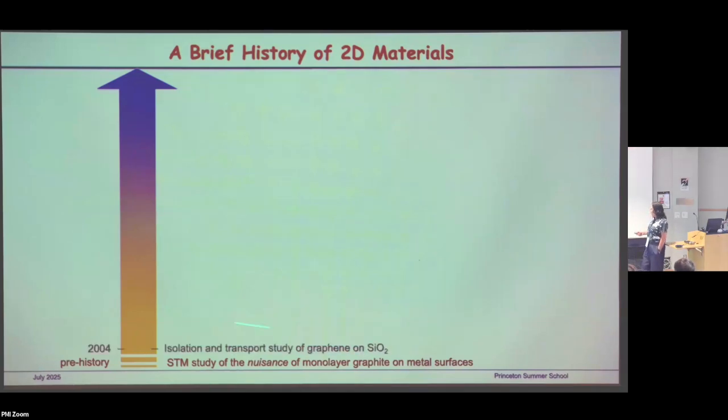So in 2004, there were isolation and transport studies of graphene on silicon oxide. This was performed by the Manchester group, Andre Geim and Kostya Novoselov. And in 2005, in back-to-back Nature papers from Philip Kim's group at Columbia and also from Manchester's group, they showed a so-called half-integer quantum Hall effect.